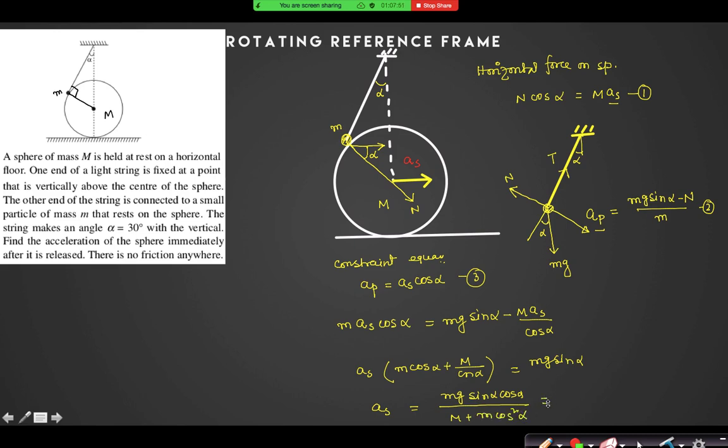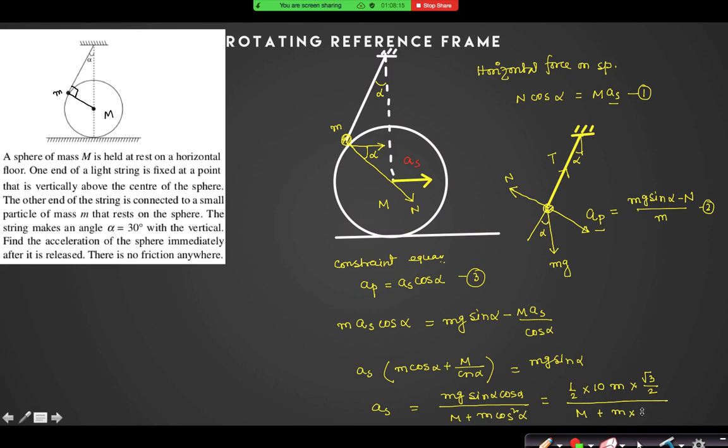Can we put the value of alpha? It is half into mg into sin 2 alpha. Sin 2 alpha is sin 60 degrees, which is root 3 by 2, divided by M plus m into cos square alpha.